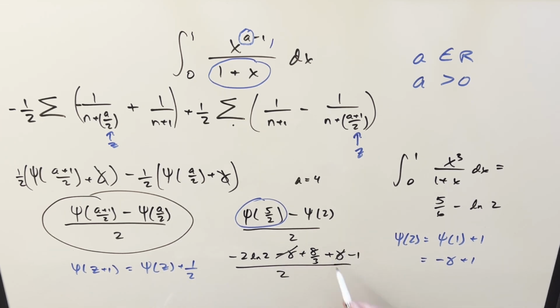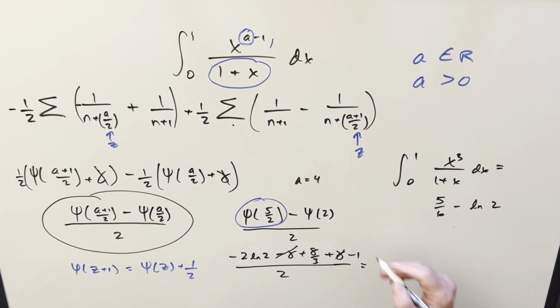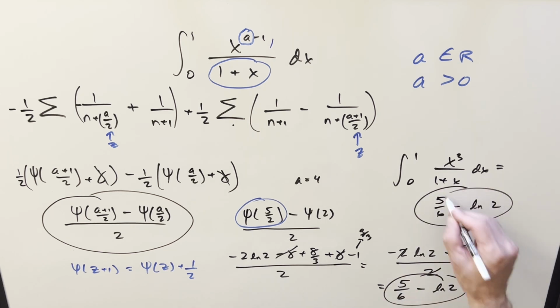This is going to cancel with this. Then let's just simplify 8/3 minus 1. I can write minus 1 as 3/3. So what we have here is minus 2 ln 2 minus, subtracting these, we end up with actually plus 5/3, over 2. 2 is going to cancel here. This becomes 5/6, and we get back the same solution. 5/6 minus ln 2 matches that.